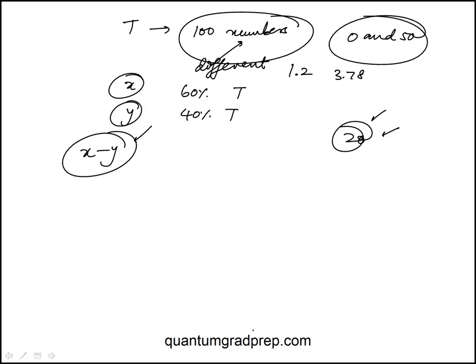So what I'm going to do is to make y as small as possible. So I can take numbers slightly greater than 0, so 0.1, 0.11, 0.12, and so on and so forth.